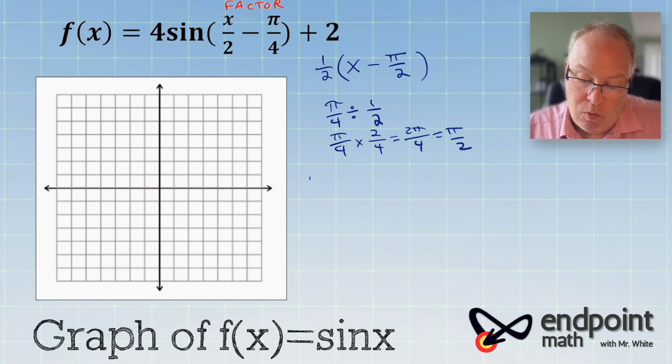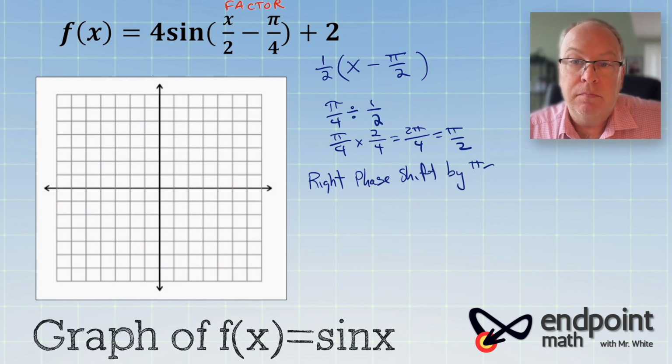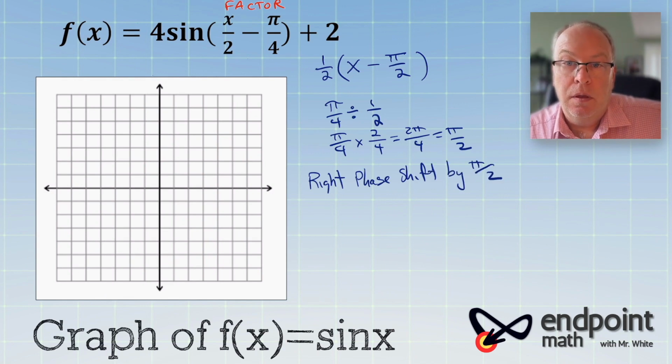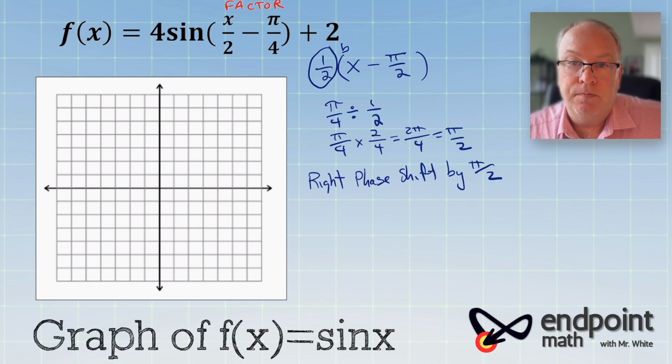Okay, so we have a right phase shift by pi over 2. All right, what about the period? For the period, remember you set that b value. This is that b value. You say 1/2 x equals 2 pi.